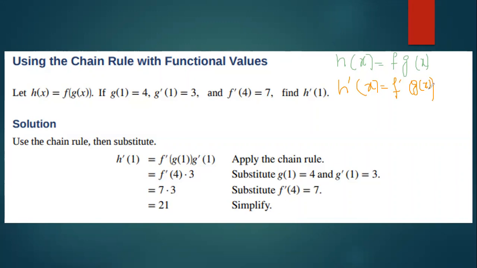फर्स्ट वैल्यू, फिर उसके बाद मैंने डेरिवेटिव किसका लेना है, g of x, और दोस्तों g derivative of x. So this will be here. So h derivative of x will be equals to, now f derivative, अब मैंने किसका फाइंड करना है, 1 का फाइंड करना है. So it will be h derivative of 1.